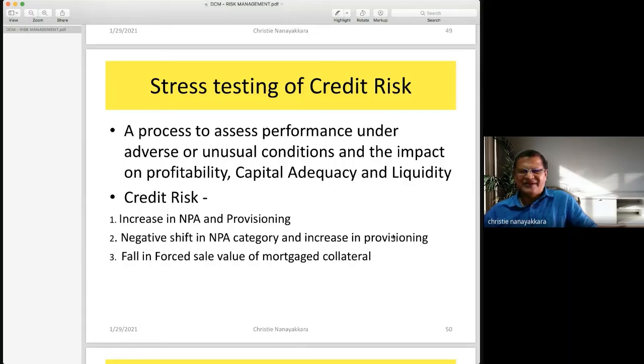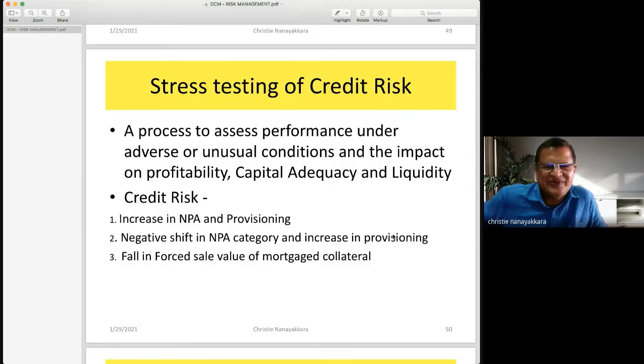If we have credit exposure to them, we may need to downgrade or classify them and provide provisions, because they are definitely not going to repay in such a situation. So an increase in NPA and provisioning is the result that will come.